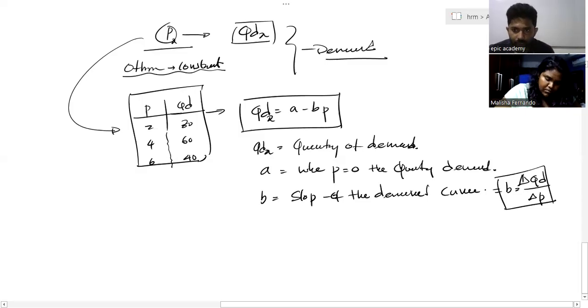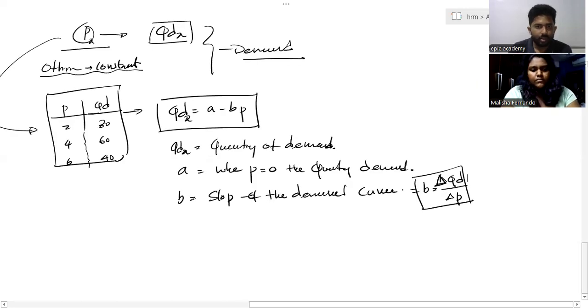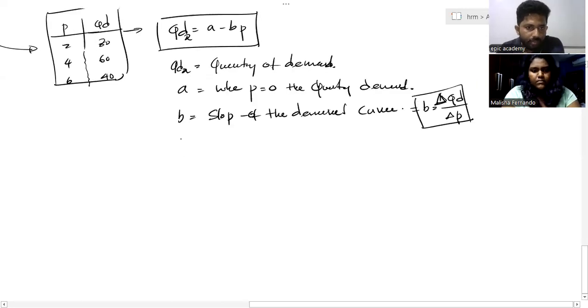Delta QD divided by delta P. Don't worry about that one. I will describe it by calculation. Right? Right. And P is the price of the commodity. Price of the commodity. Okay.